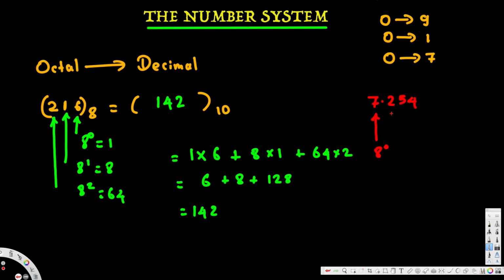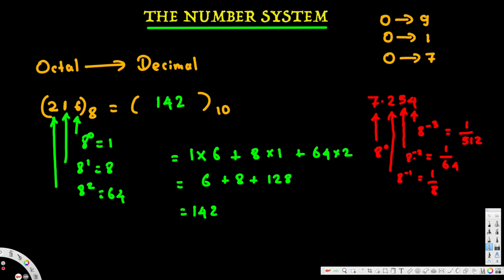So this becomes 8 power minus 1, that is 1 over 8, and this becomes 8 power minus 2, that's 1 over 8 squared. 8 squared is 64, so this is 1 over 64. And this becomes 8 power minus 3, which is 1 over 8 cubed, that's 1 over 512.